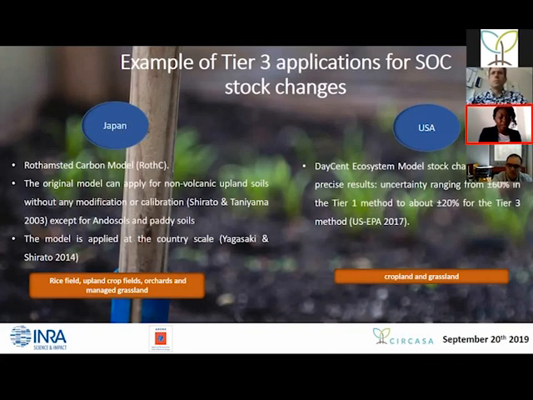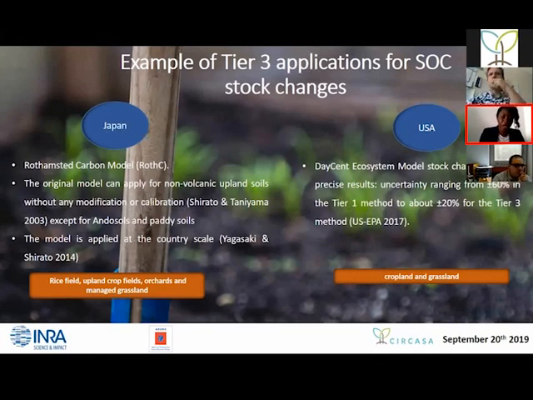Also in Japan, they use the Rothamsted carbon model, RothC, which was originally developed in the UK, but for the Japan climate and agriculture, the model had to be validated by using long-term field experiments.